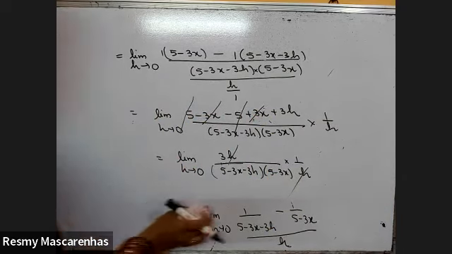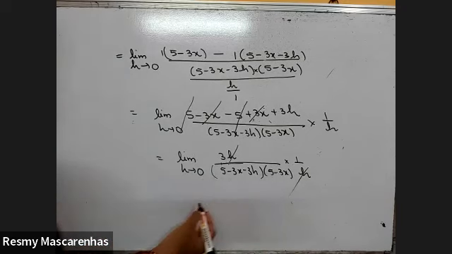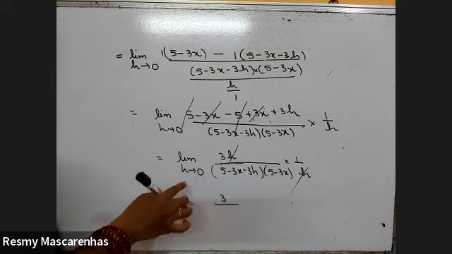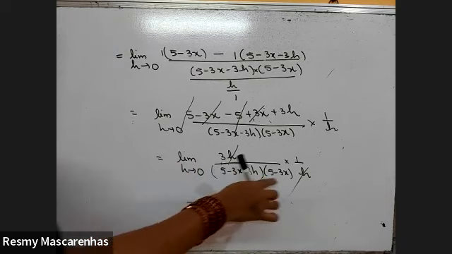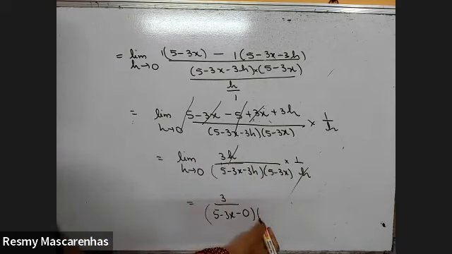Now do the direct substitution method. Wherever there is h, put 0. Now the limit will go because now I'm doing the final substitution. So wherever in the problem there is h, I have to put it as 0. Only h you have to replace by 0.